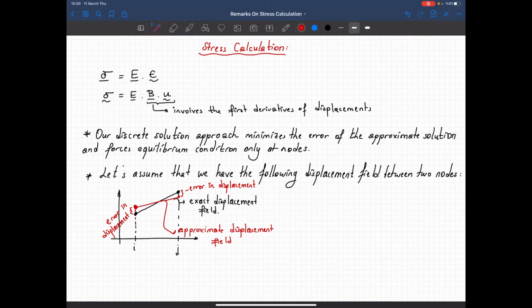Okay, but when you take the derivative of the displacements, so let's do that. Let's take a look at the derivative of the displacements. So I have again I here and J here.